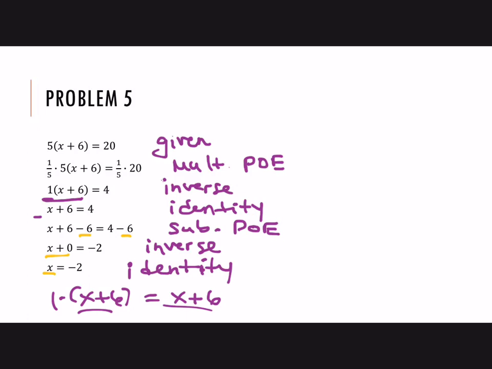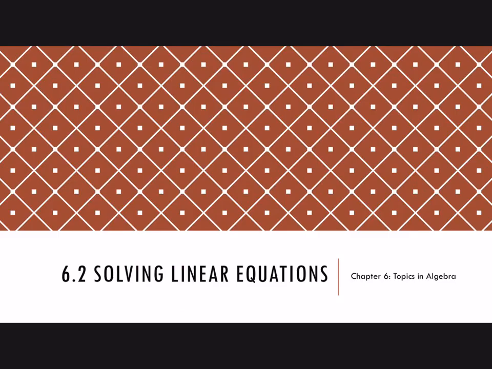Notice that pattern again. We multiply or divide, followed by inverses and identities, then adding and subtracting, followed by inverse and identity. Okay, we will end there. So in this video we've talked about solving linear equations and then giving reasons for the steps that are used to solve.